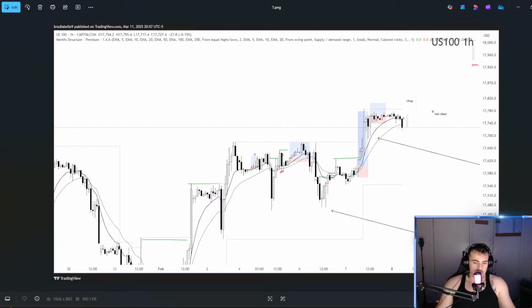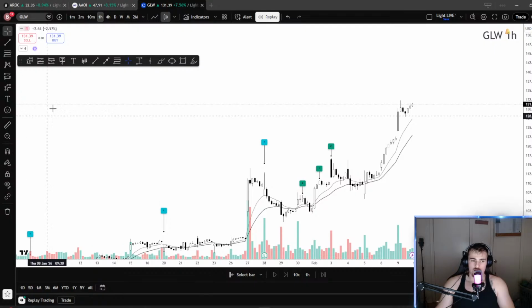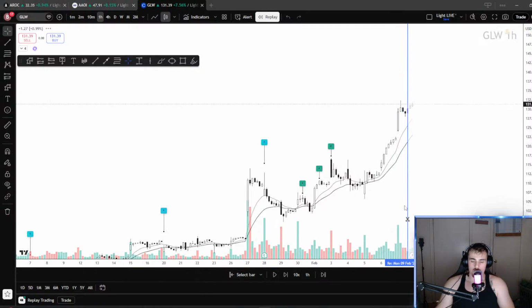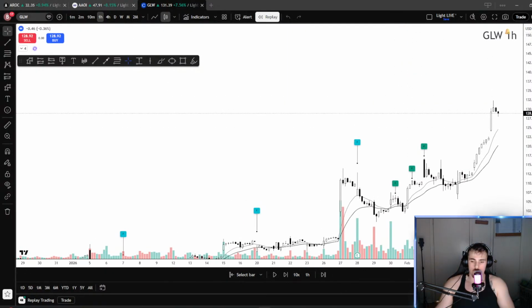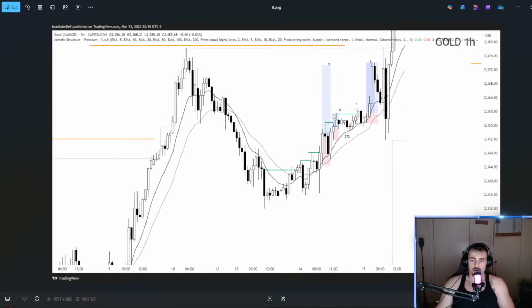But I just want to stay consistent with the pictures I'm considering in this refinement that I'm potentially making: either allowing my 1 hour to not come down to the moving averages and actually play the ones that look like they're a little bit farther away, like this one, or having the set in stone rule that price must touch the 10 or 20 moving average at least, or come very close to. So that's what we're working on.